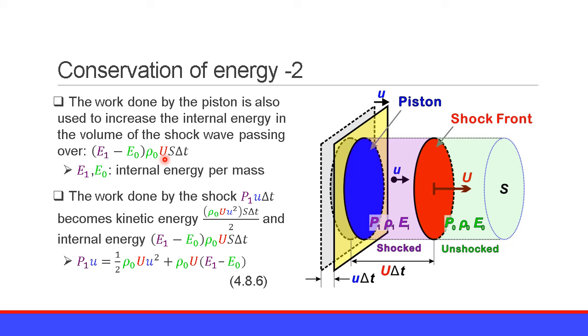Large U S delta t is the volume of the shock wave passing over, and rho 0 is the density. Therefore, we equate the work done by the piston to the increase in kinetic energy plus the increase in internal energy. Equation 4.8.6.